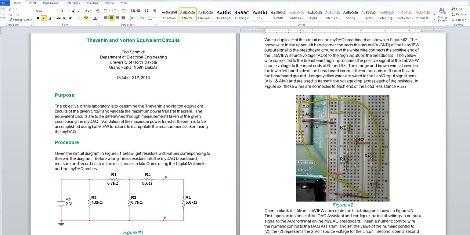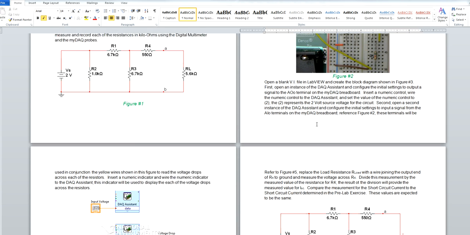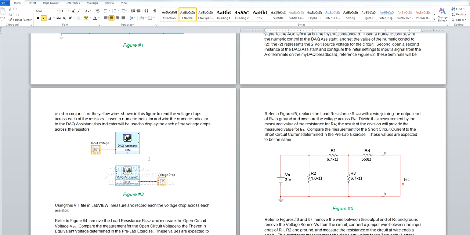And what we're going to do is construct a LabVIEW VI, which is not only going to provide an output voltage to send to the breadboard, but we'll also take feedback from the breadboard, as shown in Figure 3.